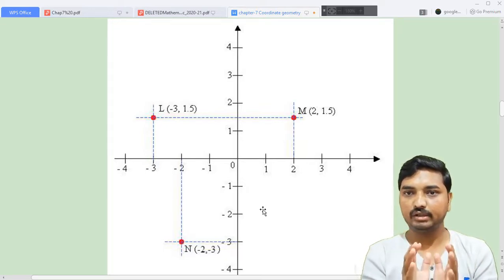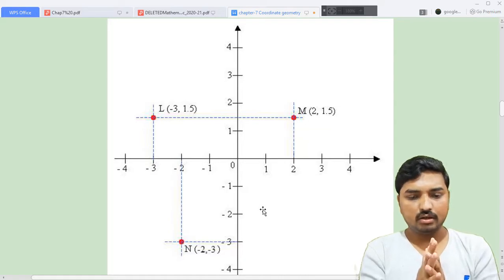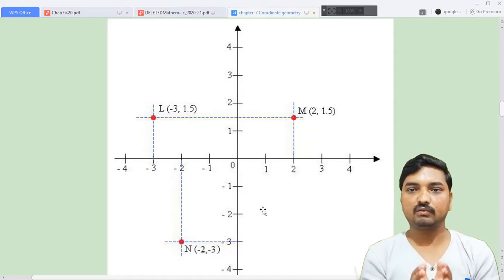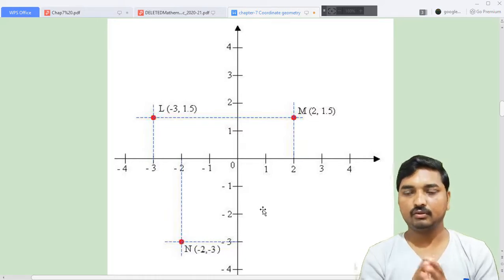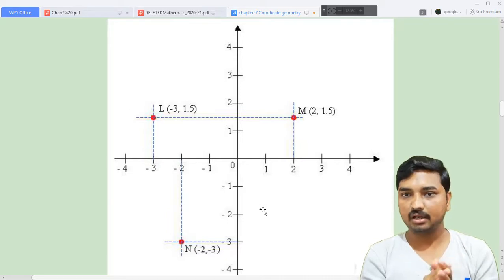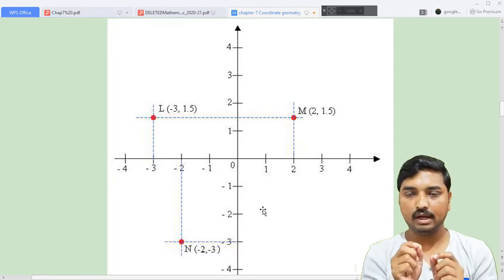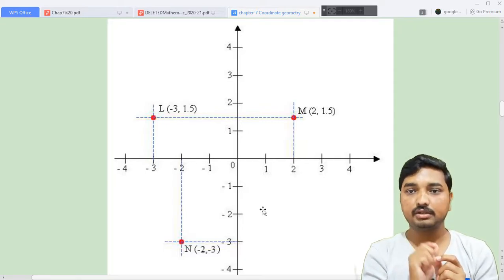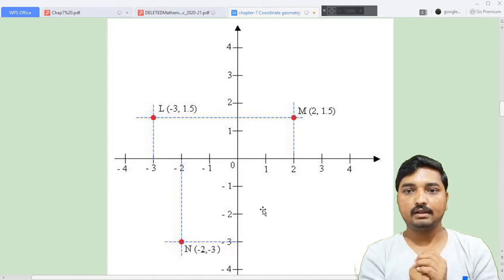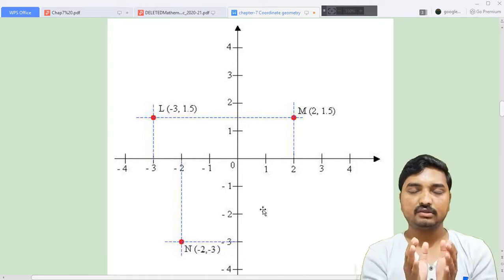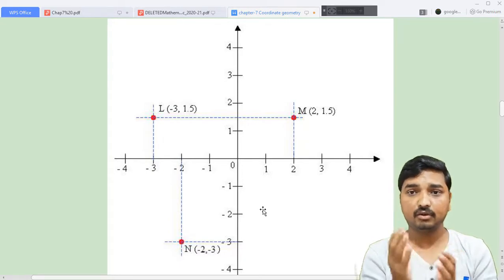Remember, very important thing. If you learn all these things, it completes the basics of the Cartesian plane. What we have studied till now: it is made of two number lines, mutually perpendicular to each other, and they intersect at their origin, 0. The point of intersection is called the origin, with coordinates 0 comma 0.